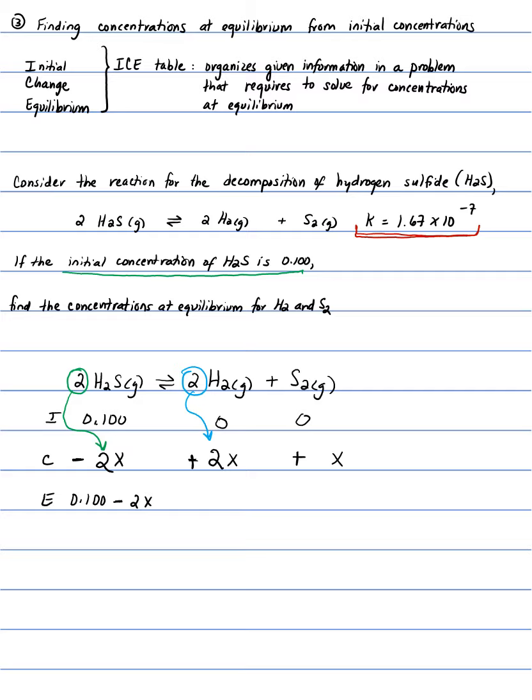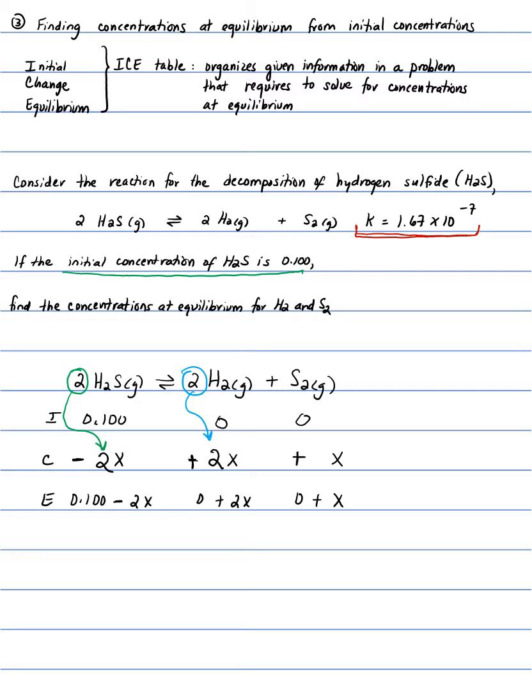So at equilibrium, the concentration of your hydrogen sulfide will be 0.100 minus 2x. At equilibrium, the concentration of hydrogen would be 0 plus 2x. At equilibrium, the concentration of sulfur is 0 plus x. So now we have the concentrations at equilibrium.